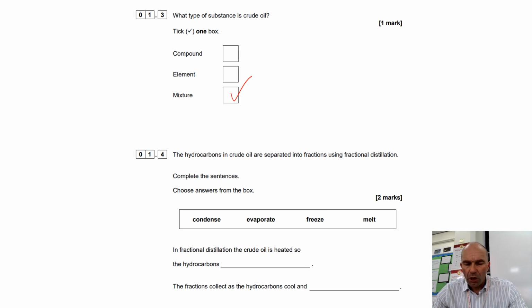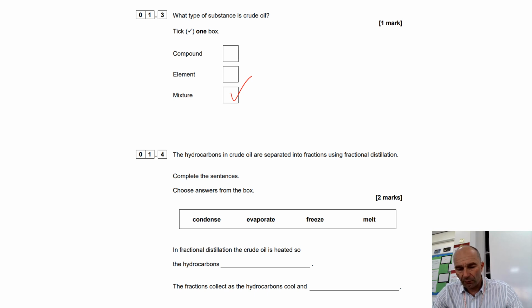Now 1.4, the hydrocarbons in crude oil are separated into fractions using fractional distillation, and we need to complete the sentences, and fortunately we're even given the words. Now in fractional distillation, the crude oil is heated so that the hydrocarbons, well, there's only really one possibility, bearing in mind that crude oil is a liquid.